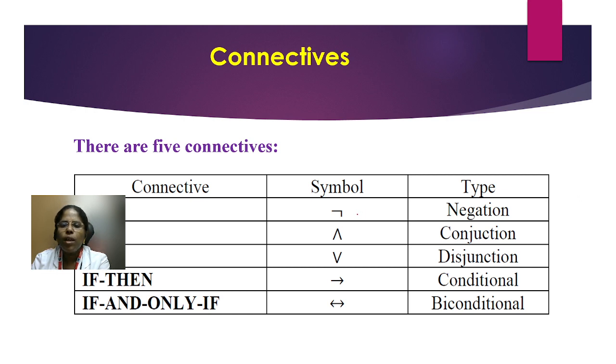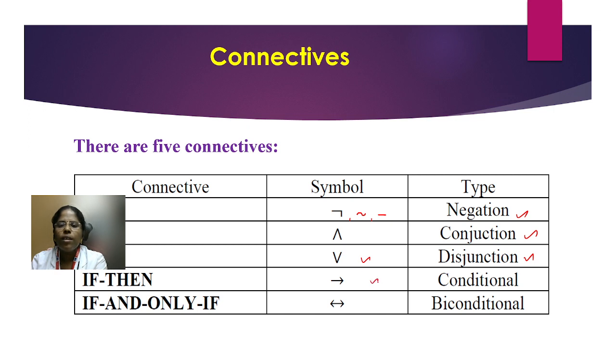They can use it like this, or simply the negation symbol like this. Any symbol you can use for the negation. And is called conjunction, and we need to use the inverted V. For or, which is called disjunction, we need to use the V symbol.